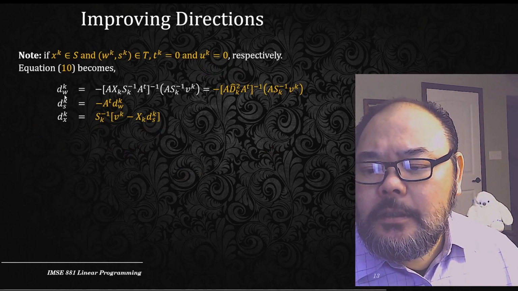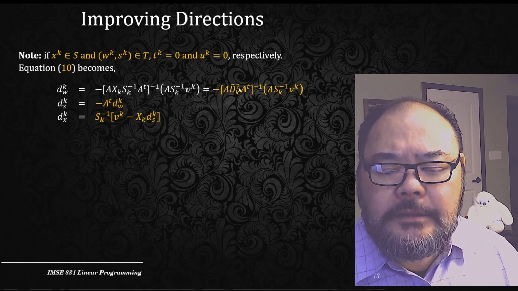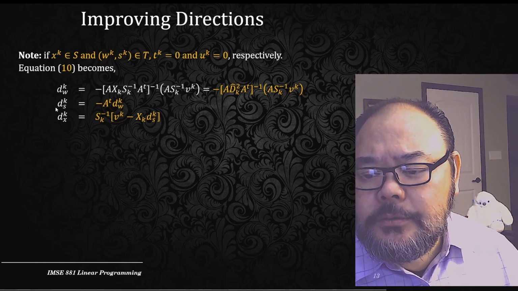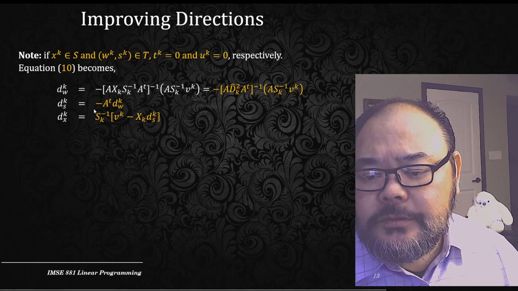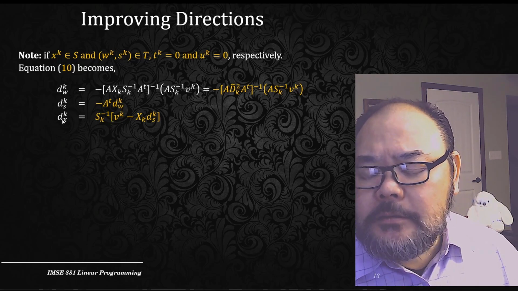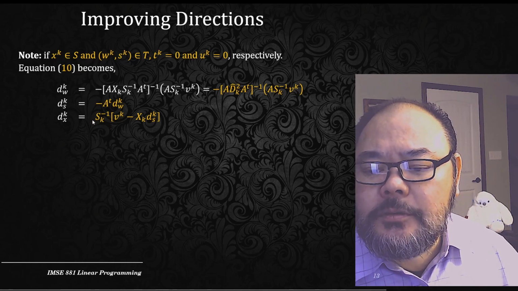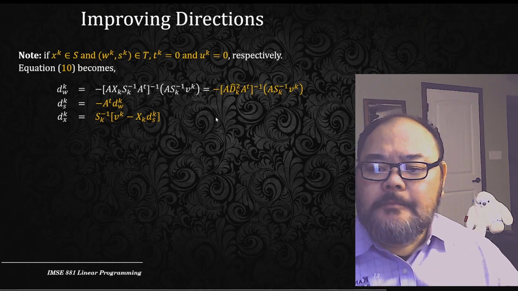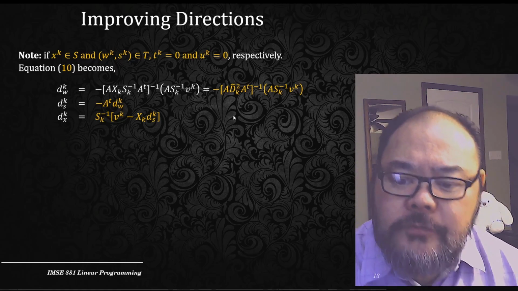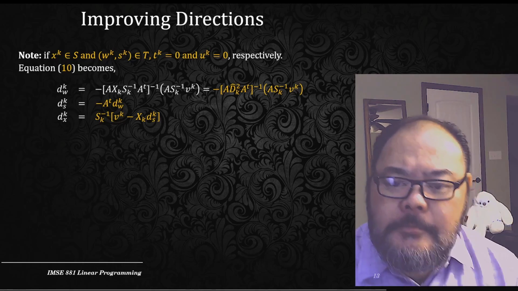And d omega k can be easily calculated like this. The direction for the dual slack can also be easily calculated, and the direction for the primal variable x can also be simplified. So if the current solution is primal and dual feasible, the calculation of a direction is much easier.